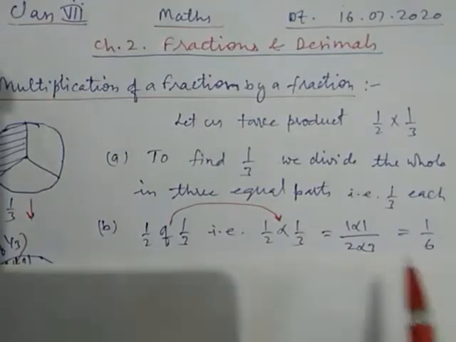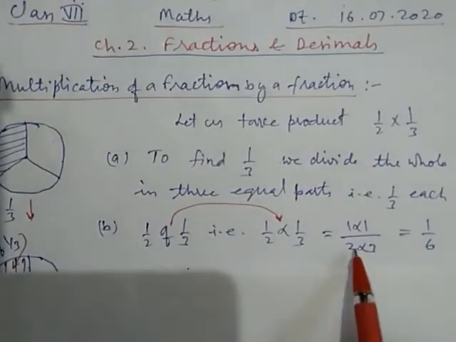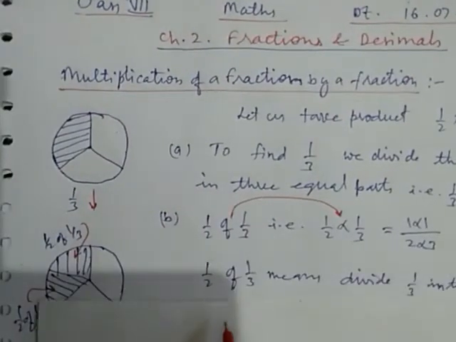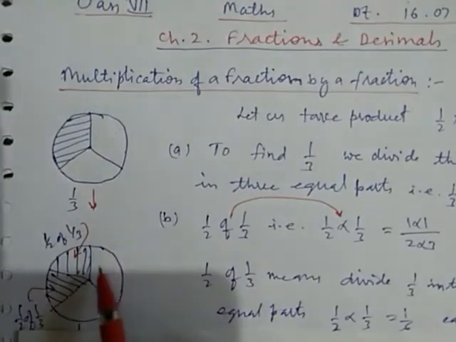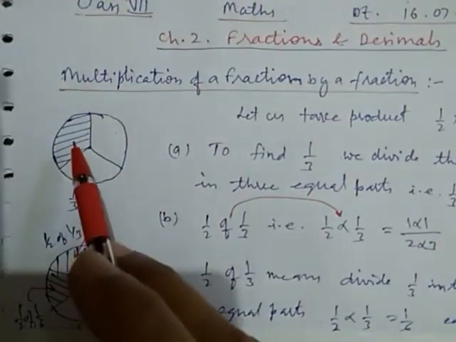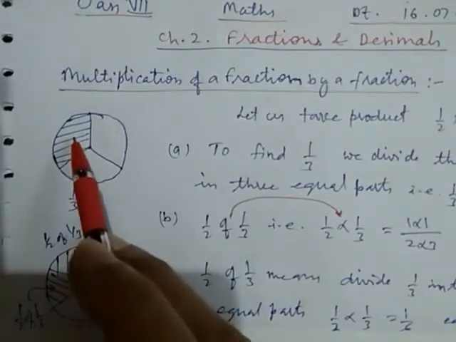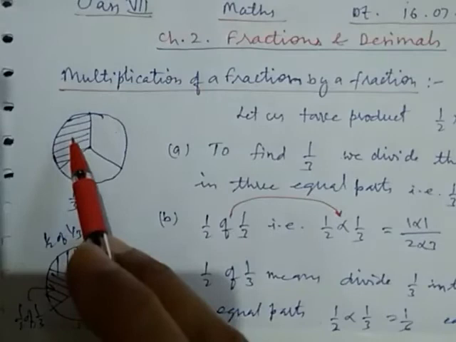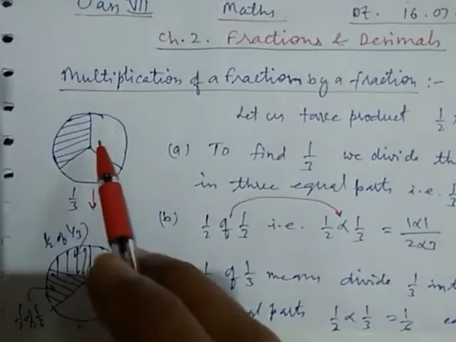Okay. So how did this happen? We consider these figures. Here, as we divide the whole figure into 3 equal parts and consider 1, this shaded portion is 1/3 of the whole.